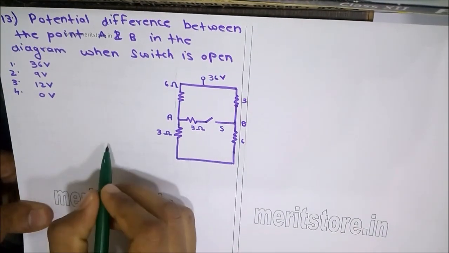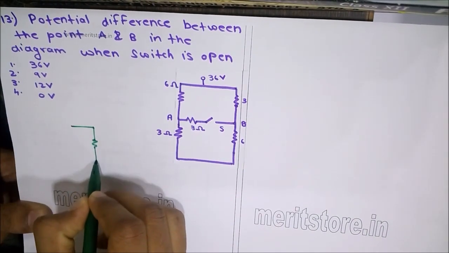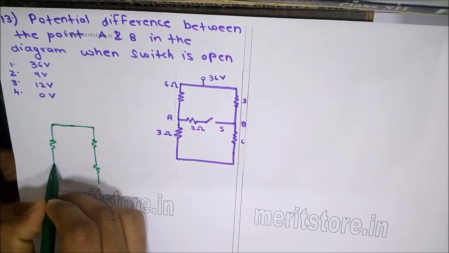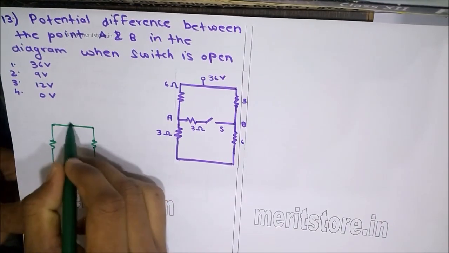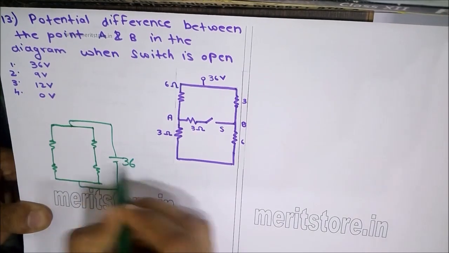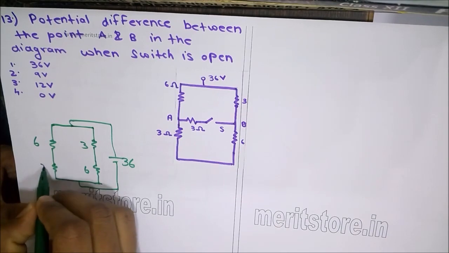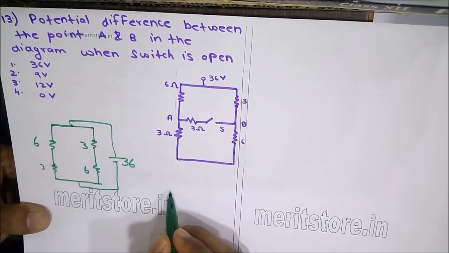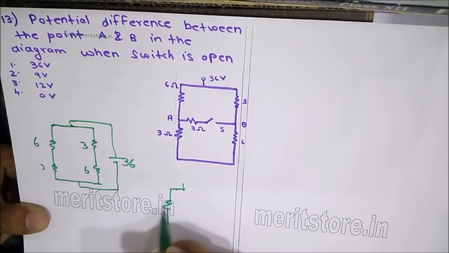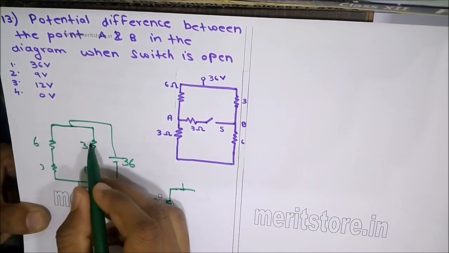So we can neglect it and draw the circuit as 3 ohms, 6 ohms, again 6 ohms, 3 ohms, and this is connected across a potential of 36 volts. 6, 3, 6, 3. So the effective circuit can be drawn as 9 ohms, since 3 and 6 are in series.